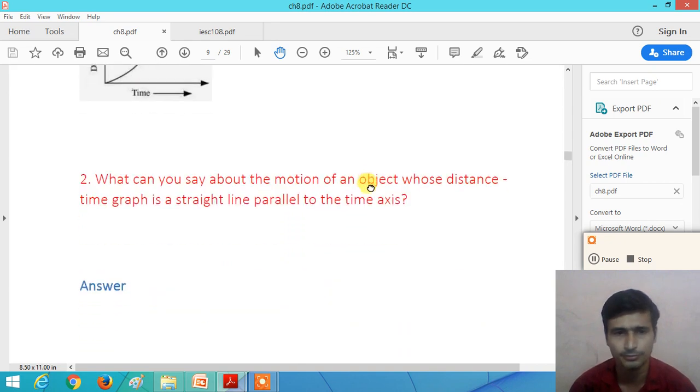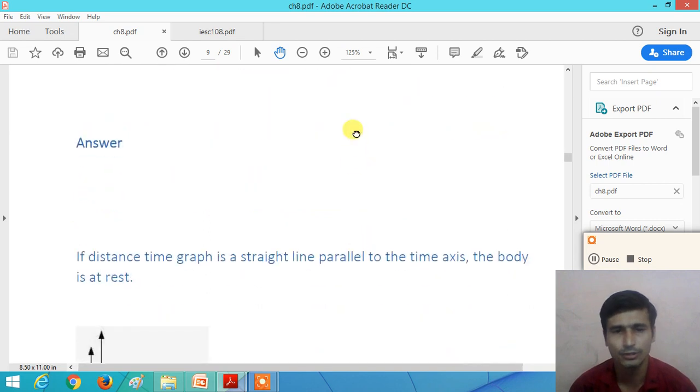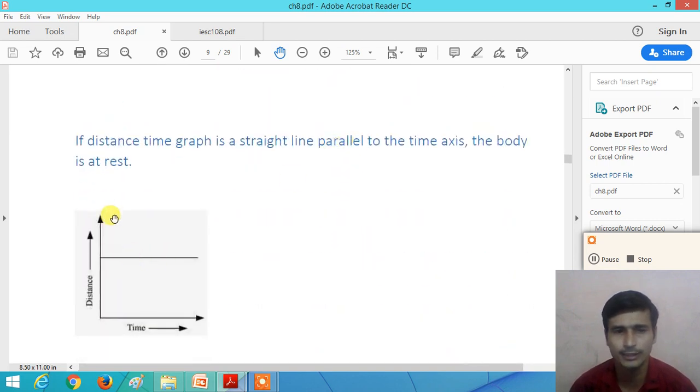Now question number 2, what can you say about the motion of the object whose distance time graph is a straight line parallel to the time axis? So dear student, when the distance time graph is a straight line parallel to the time axis, the body is said to be at rest.